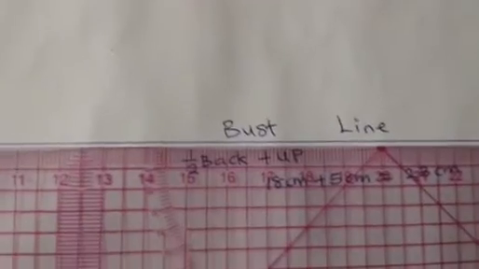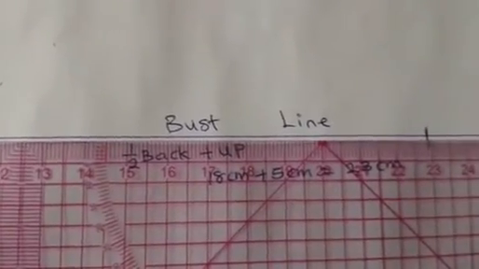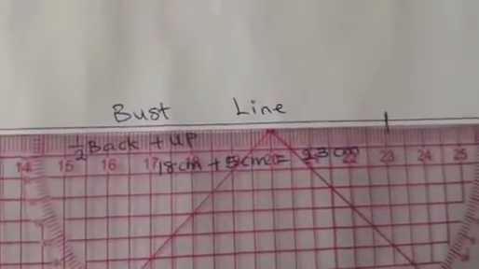Then on the bust line, you measure half of the back measurement plus the underarm point. That is the UP that we have in our measurement the other time. So from the center back, half of the back measurement is 18 cm. The underarm point is 5 cm. That is 23 cm.